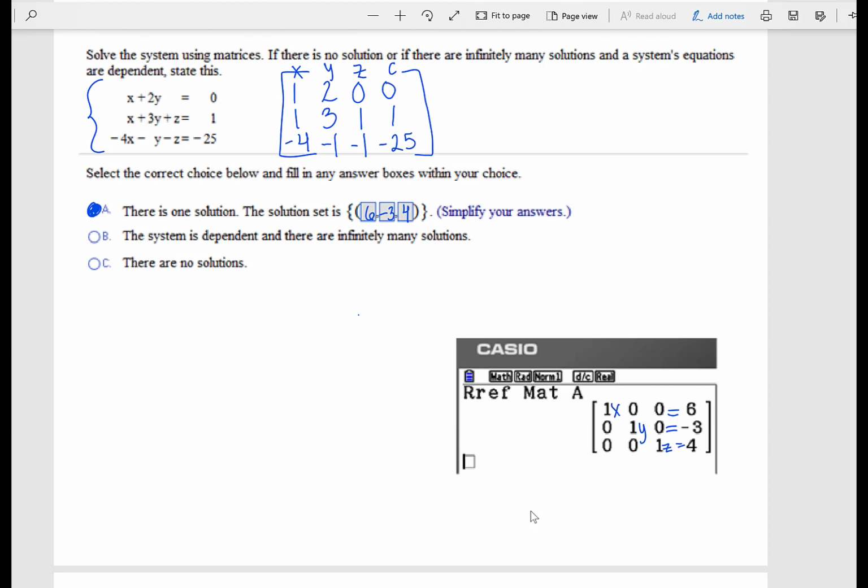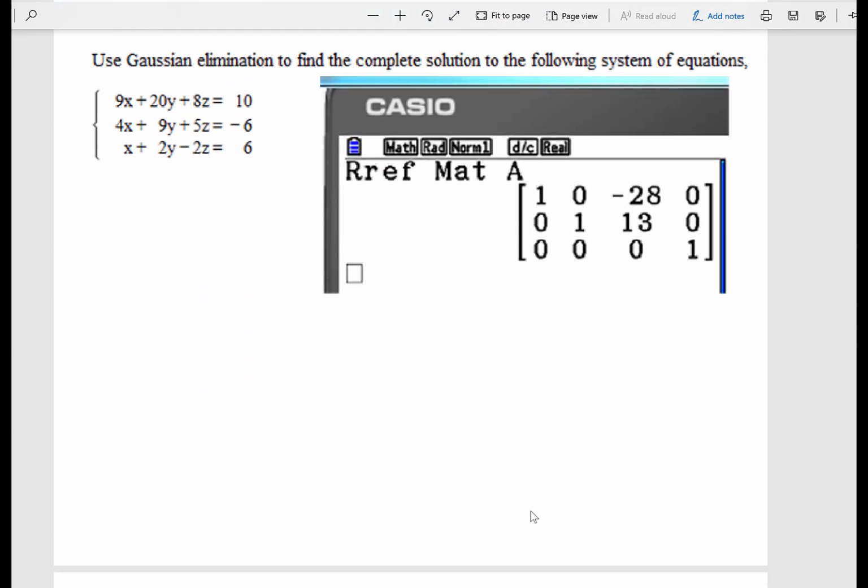But now we're going to look at where the system is dependent and there are infinitely many solutions, or there are no solutions. So as a matrix, this is what we would enter in: 9, 20, 8, 10, 4, 9, 5, negative 6, 1, 2, negative 2, and 6.